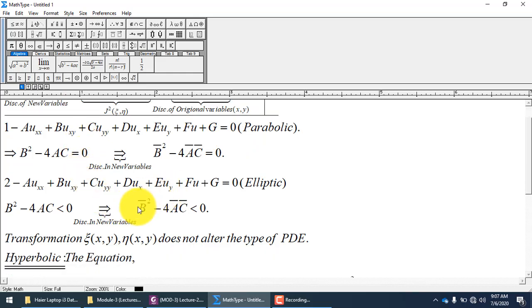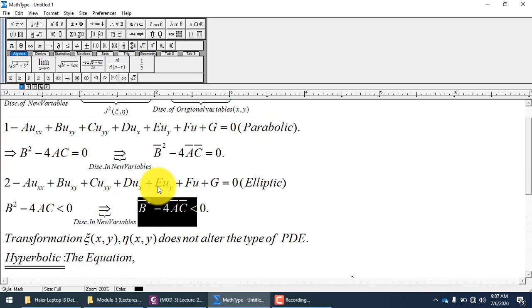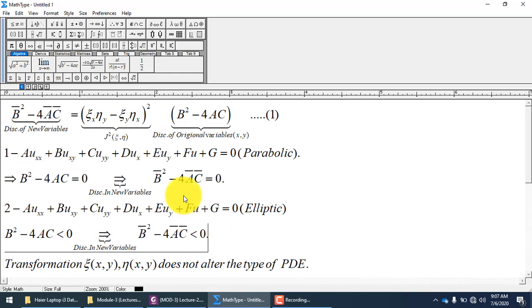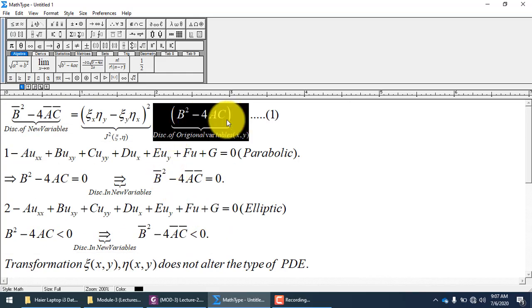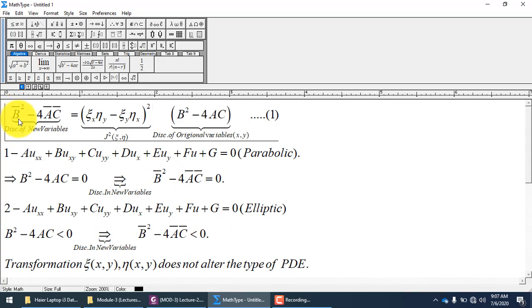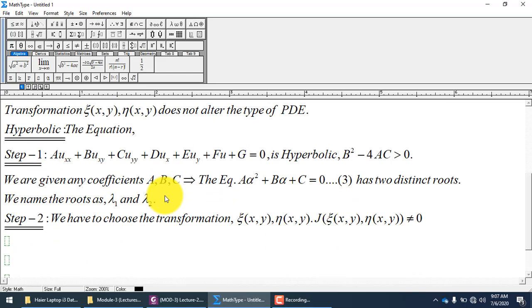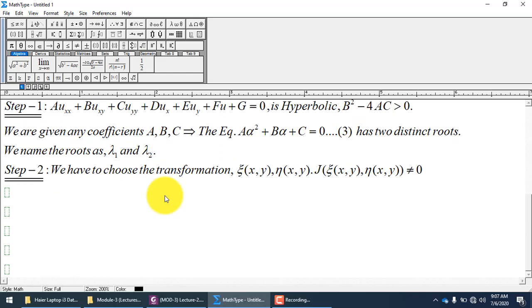If it is elliptic before the transformation, it will remain elliptic, because that quantity is less than 0, which implies that the left hand side is also less than 0. A similar pattern will follow for the hyperbolic case. So the transformation does not alter the type of partial differential equation.